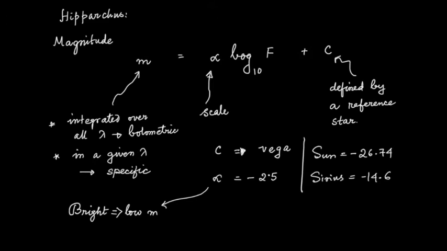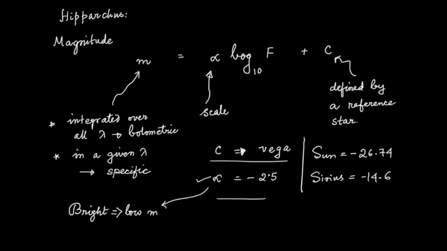Now, let me also tell you that this alpha, 2.5, is kind of fixed, but what is the value of C is not always Vega taken to be absolute 0, because it depends on different telescopes. Now, why would it depend on different telescopes?